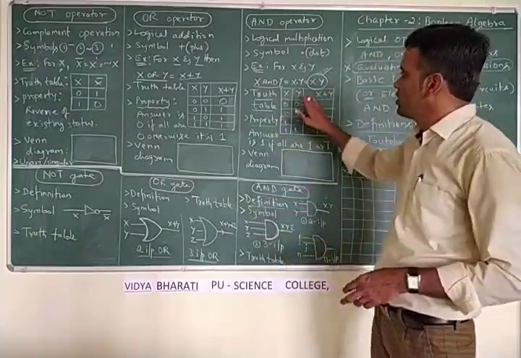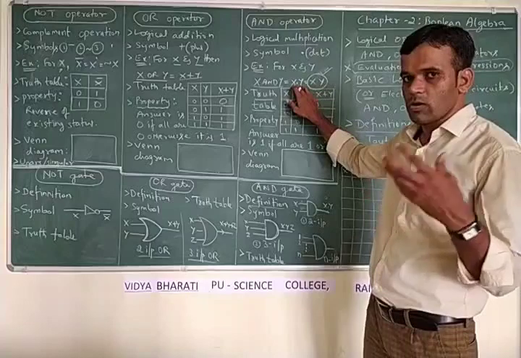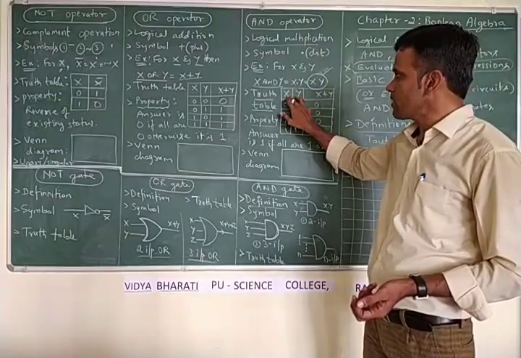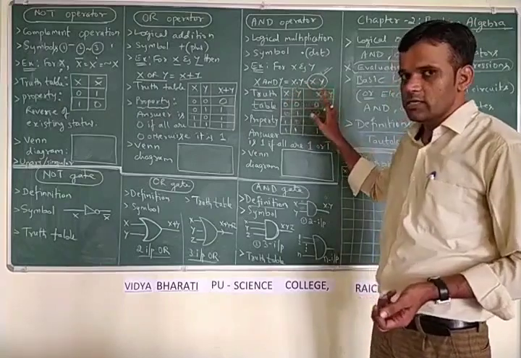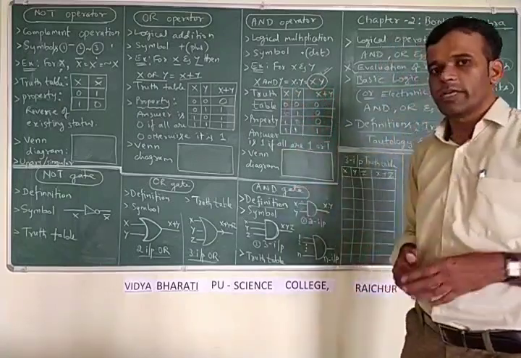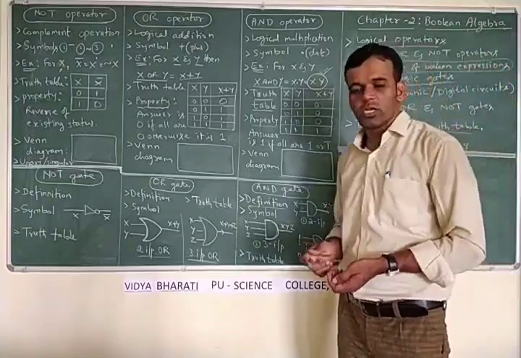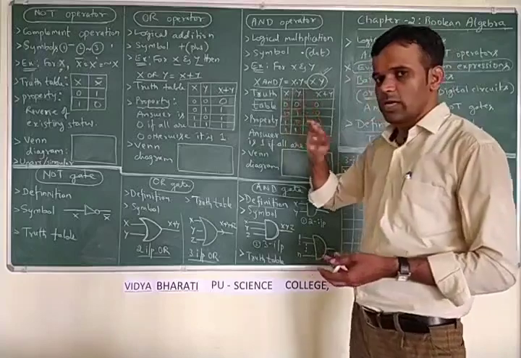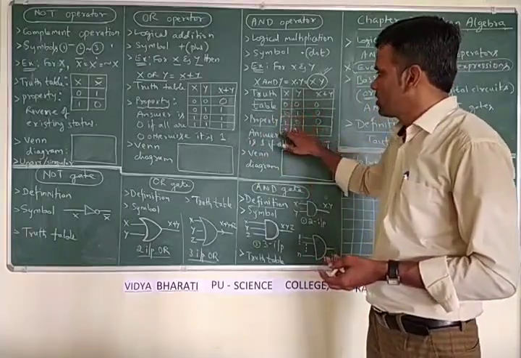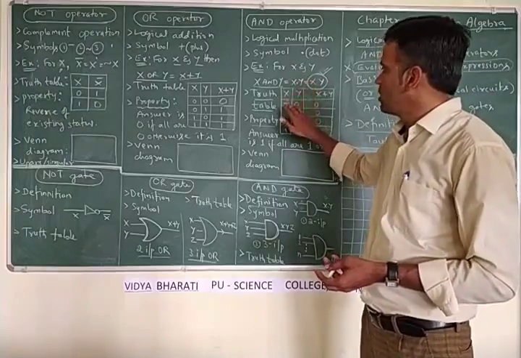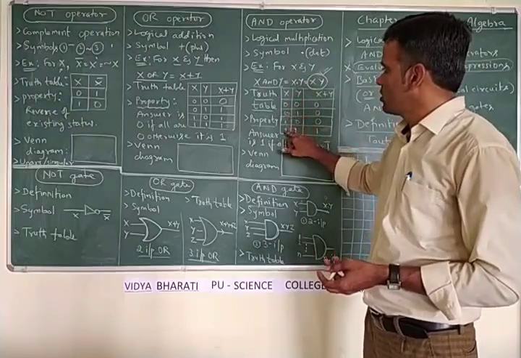Considering these two variables or operands, if you go for the result concerning the truth values of the variables, truth values are going to be either true or false. We can write them in terms of 0 and 1. These are the combinations we get when there are two variables: 0 0, 0 1, 1 0, 1 1.